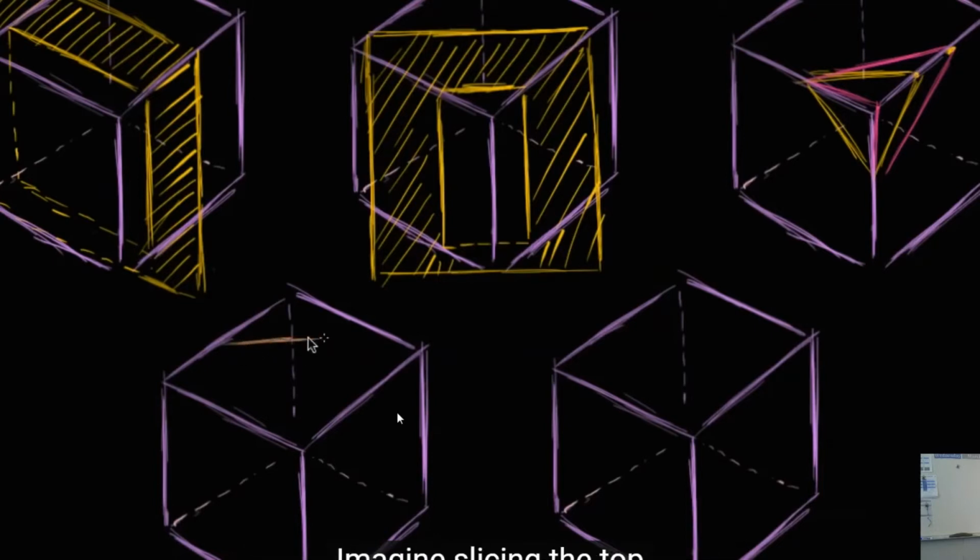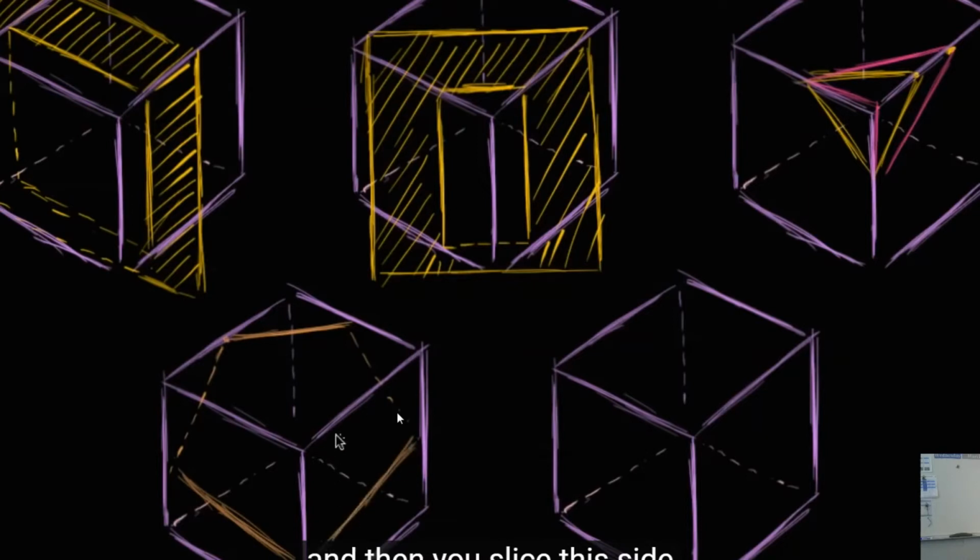Imagine slicing the top. Let me do it a little bit differently. So imagine slicing the top right over there, like this. But imagine slicing this backside like that, and this backside that you can't see quite like that. Now you slice this side right over here like this, and then you slice this side right over here like this.